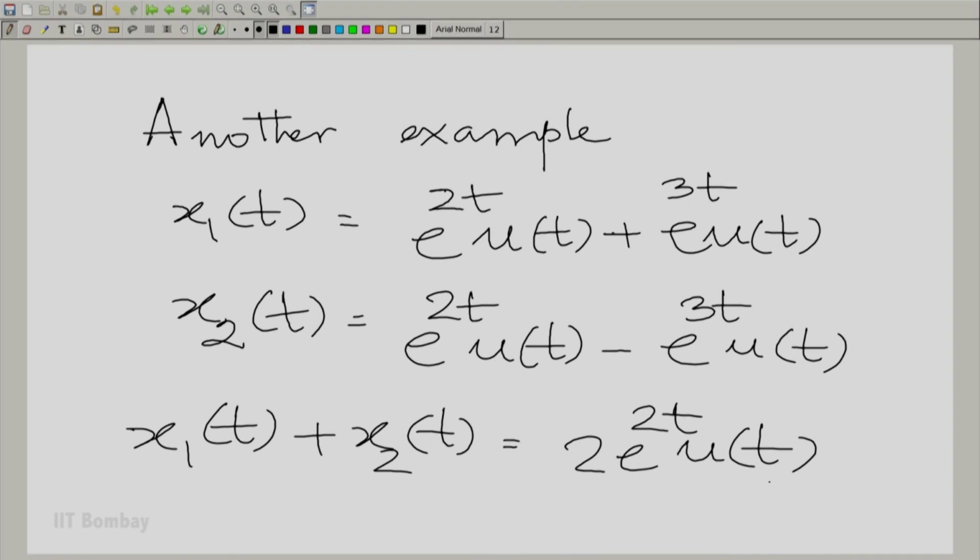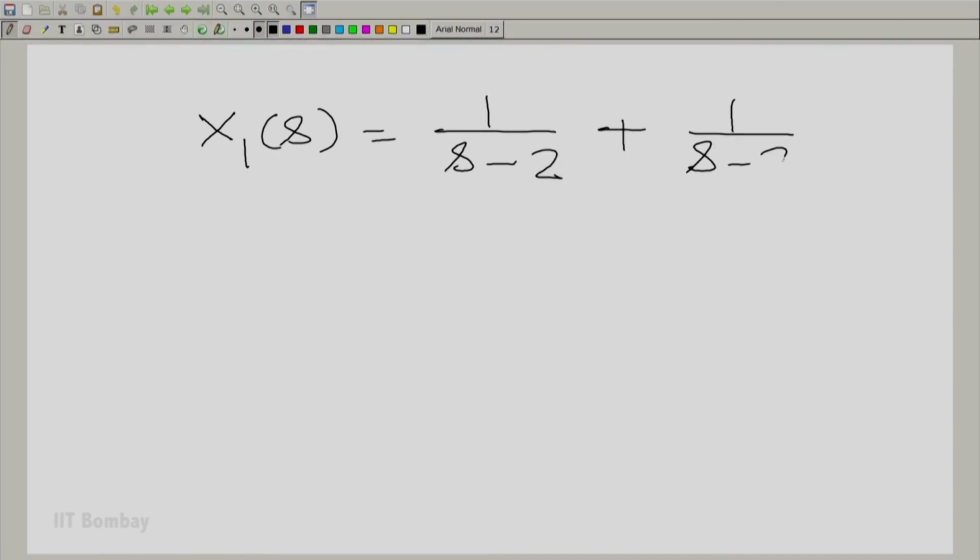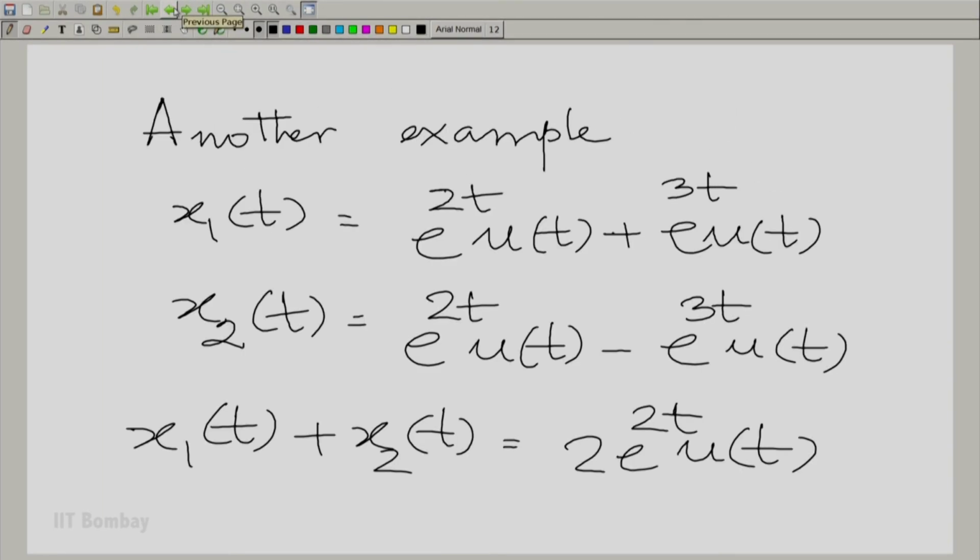Now, the interesting thing is that if you look at their regions of convergence, of course, you can look at their Laplace transforms and the regions of convergence. So, if you looked at the first Laplace transform, it would be X1 of s given by 1 by s minus 2 plus 1 by s minus 3. You can go back and see that. You are summing there and you are taking a difference.